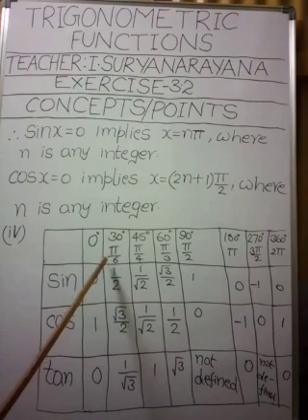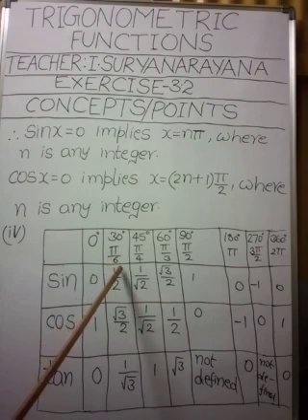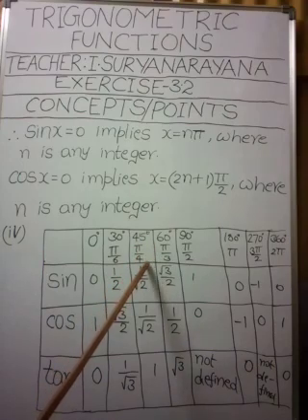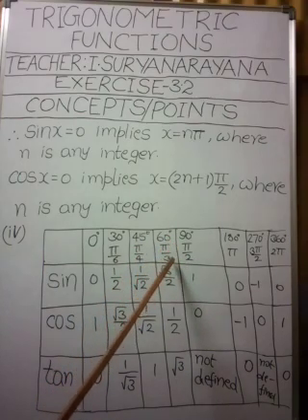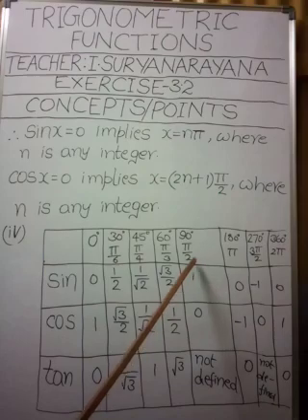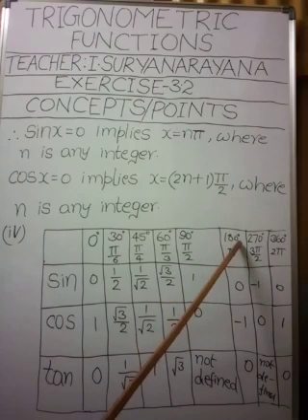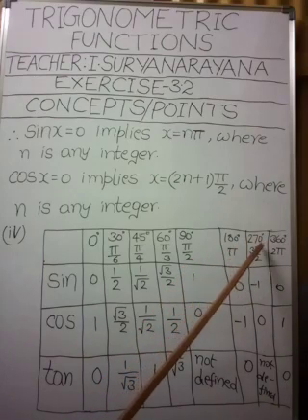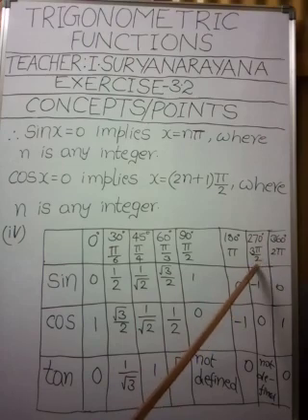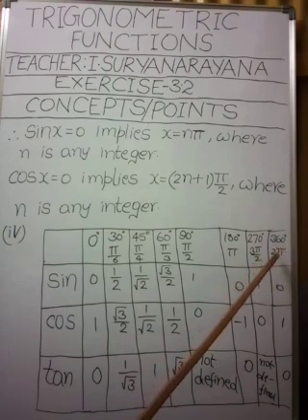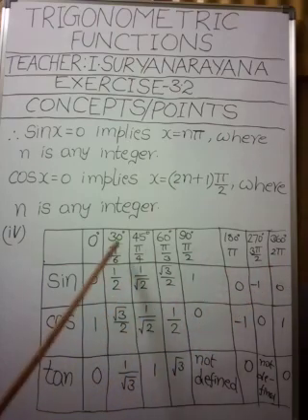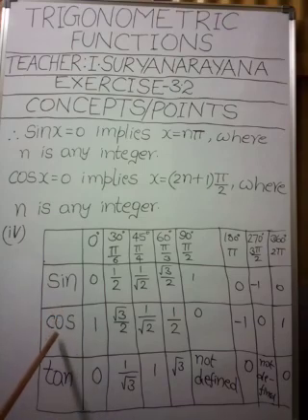In radian measure, 30 degrees means pi by 6, 45 degrees means pi by 4, 60 degrees means pi by 3, 90 degrees means pi by 2, 180 degrees means pi radians, 270 degrees means 3 pi by 2 radians, 360 degrees means 2 pi radians. For these common angles, we know sine, cos and tan values.